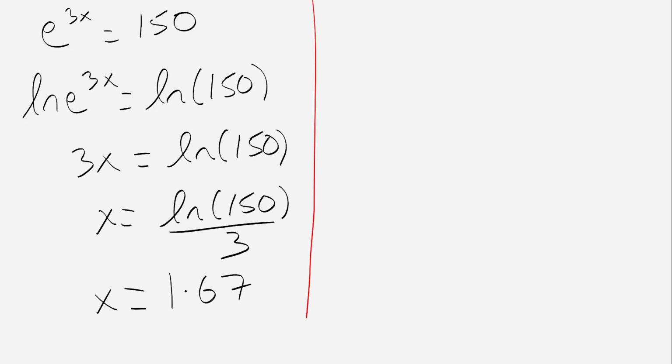Okay, let's have a look at one more example. Let's say I have 4e to the power of 2x is equal to 32. So once again, we know in order to solve for the power, we're going to take the natural log of both sides. But we have to deal with this 4 first of all.